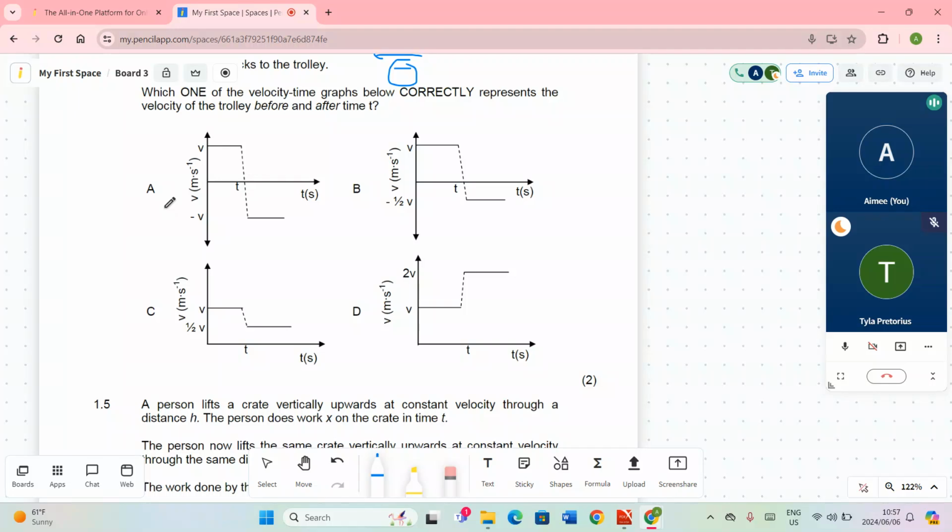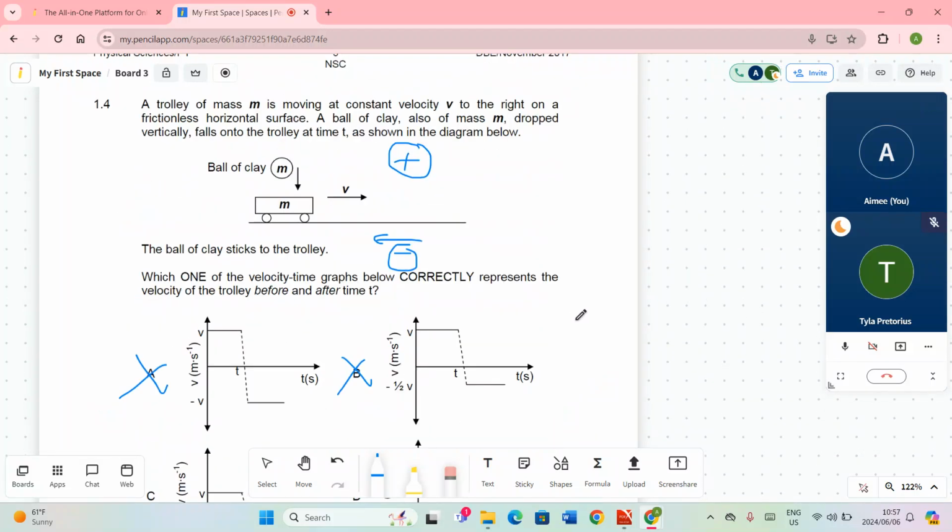So that means we can eliminate A because it shows you that it's now changed direction, which it hasn't. And we can eliminate B because it hasn't changed direction. So now we're left with C and D. Okay?